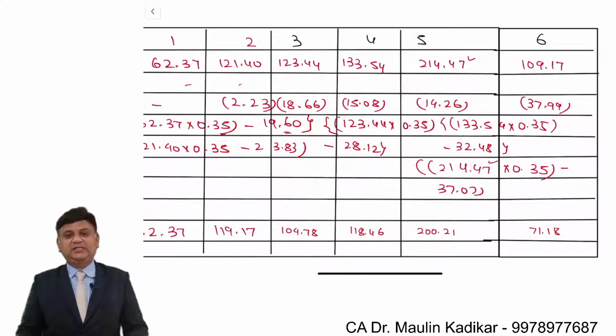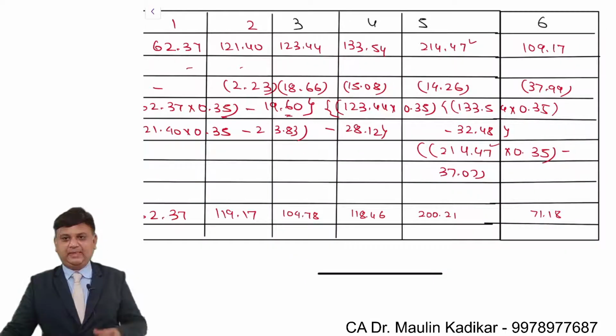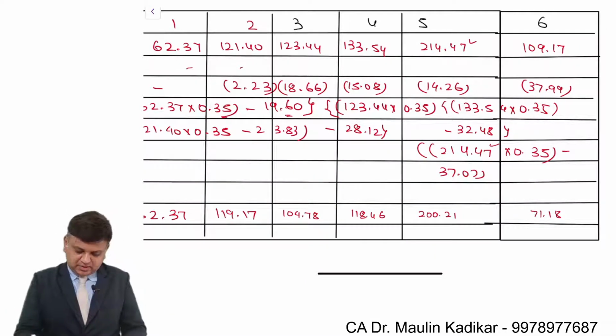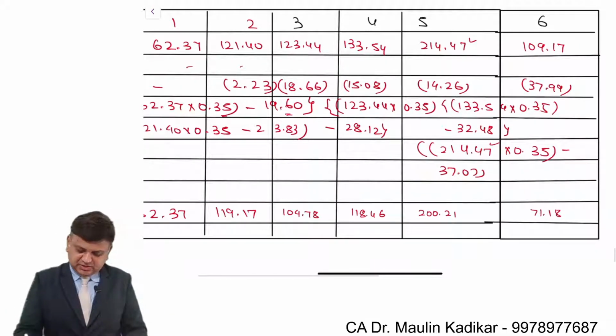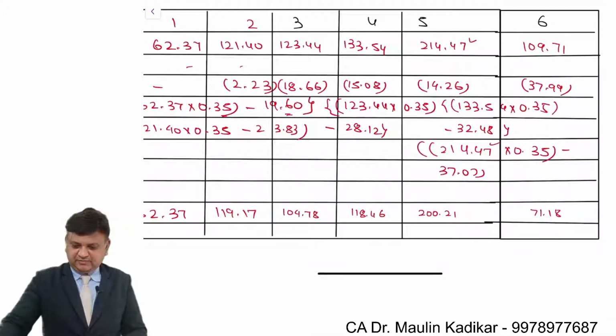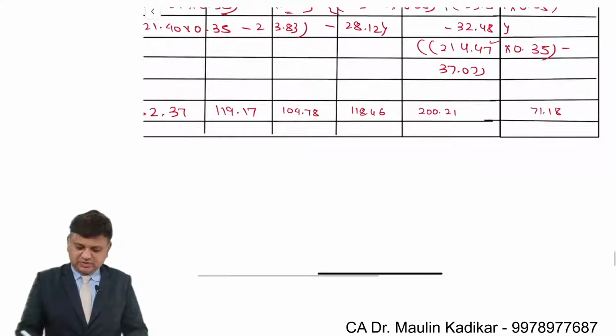Yet even in that case they have computed it, so the income tax liabilities are the same, and based on that they have computed the cash flows. Kindly make a correction. This is 109.71 minus 37.99. So it is 71.72.